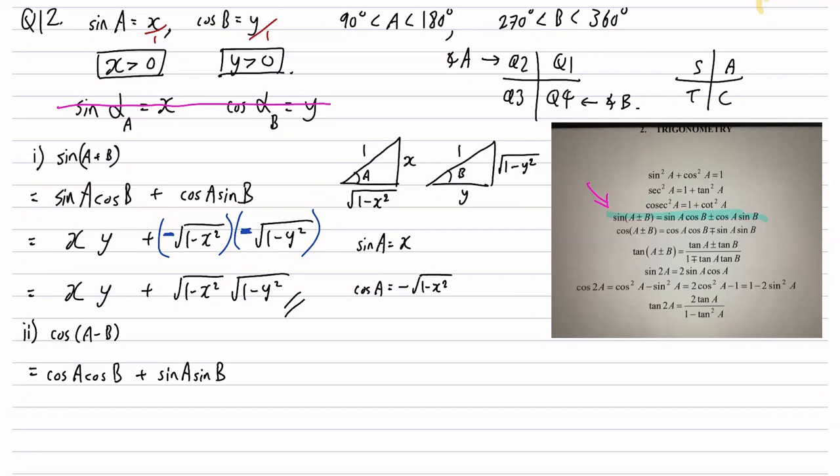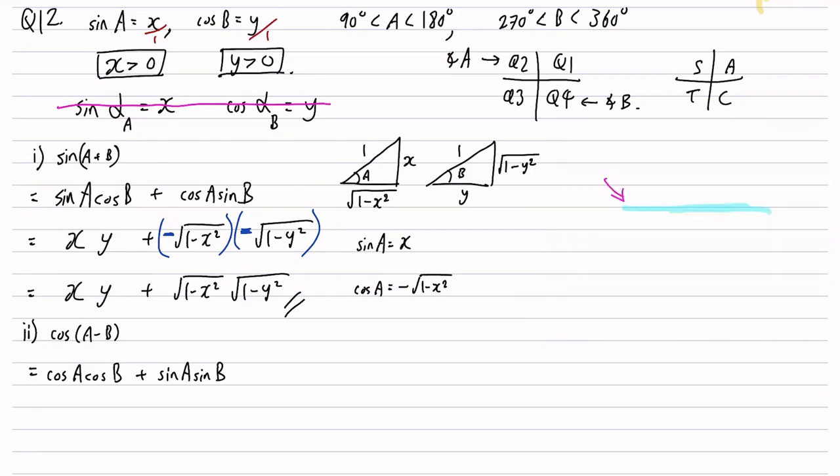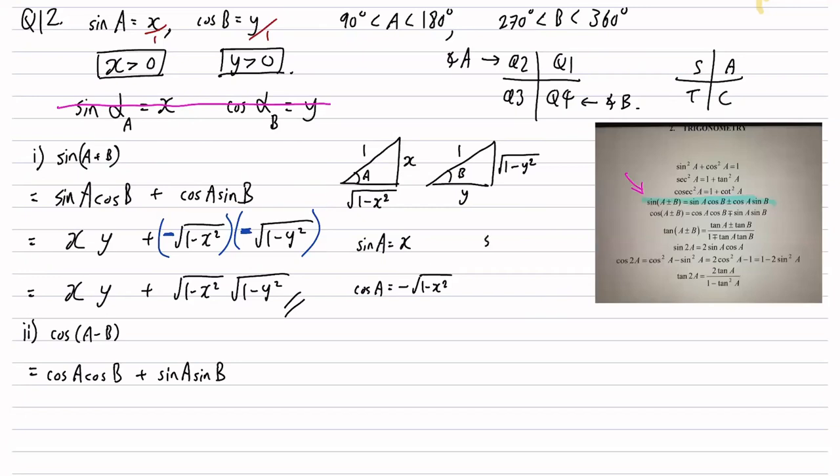I need to save some space. Let me shrink the formula down a bit. Sine B is, what is it? Square root 1 minus y squared over 1, but you have an extra minus in front, and cosine B is whatever was given, y. Tangent B, tangent A, we'll find it if we need to later. I'll leave some space here. Now just substitute in, so cosine A is negative square root 1 minus x squared, bracket.